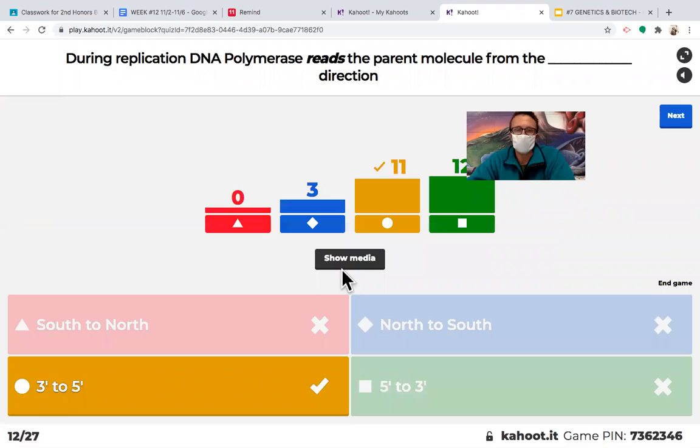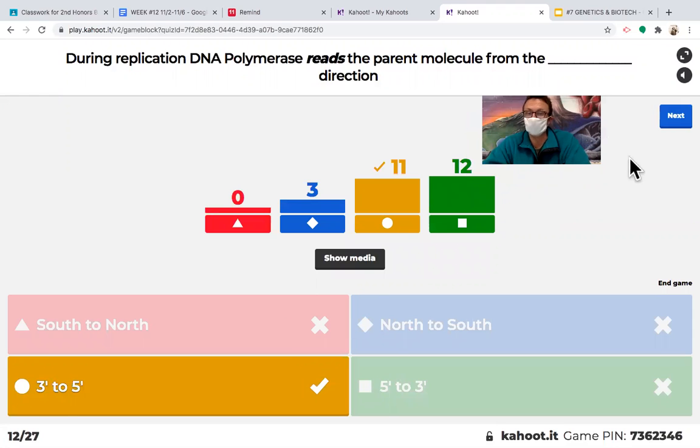Yes, that would be in the 3 to 5 prime direction. So DNA polymerase attaches wherever the primase laid a primer, and it reads in the 3 to 5 prime direction, just like we read a number line: 1, 2, 3, 4, 5. It's reading from 3 to 5. So what does that mean about the synthesis of our new molecule? The new molecule is being synthesized in the 5 to 3 prime direction.